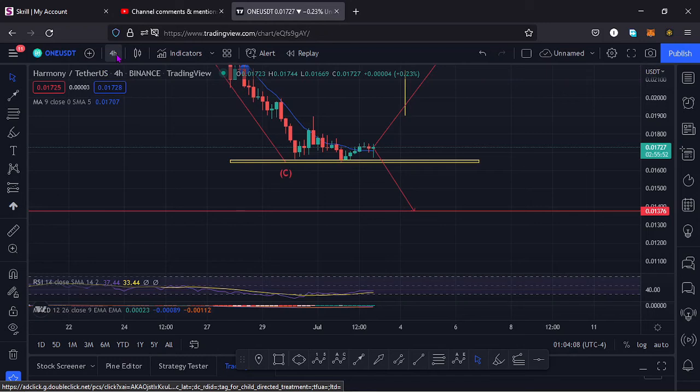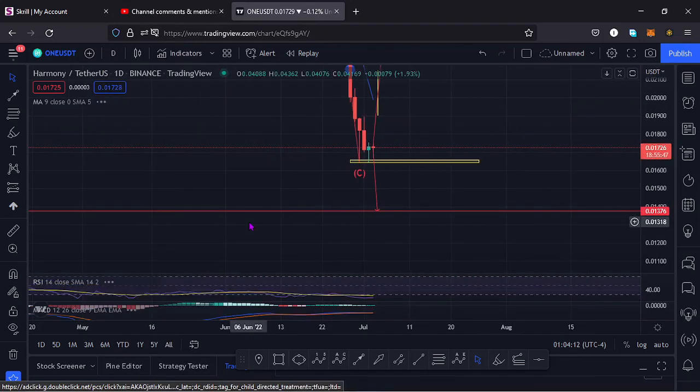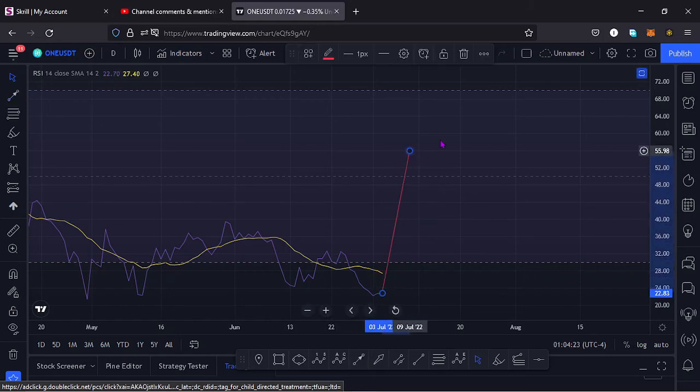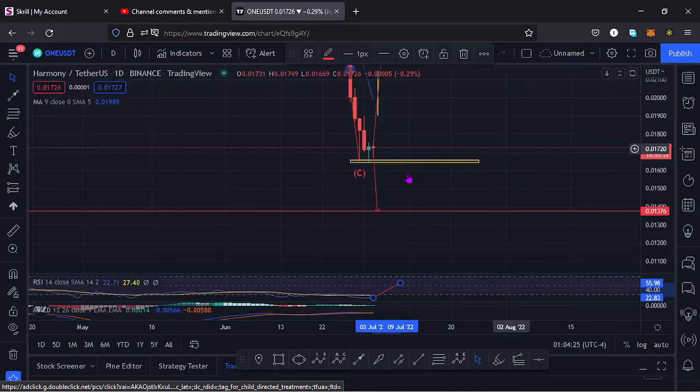If I go back to the daily chart to have a look at the indicators, on the RSI you can see we are massively oversold, and that means we have room to continue pushing to the upper side. So if that breakout to the upper side on the 4-hour chart, the double bottom pattern, plays out, we have room also on the daily chart to support that move.